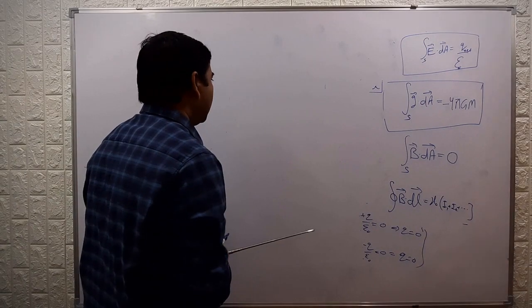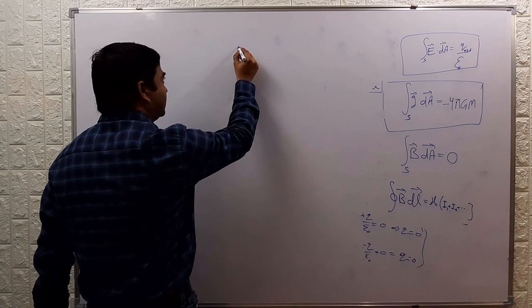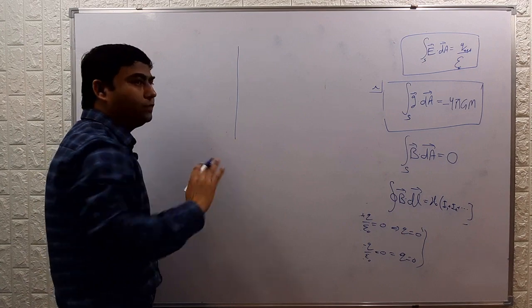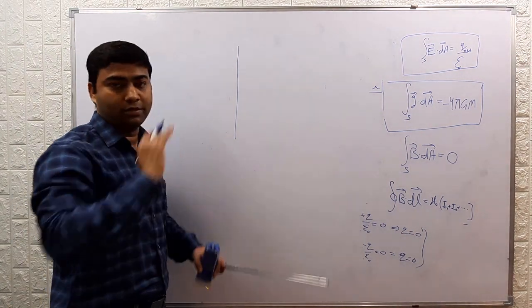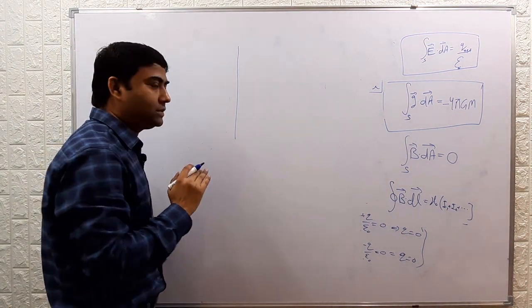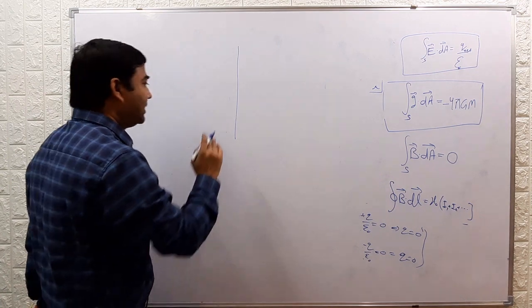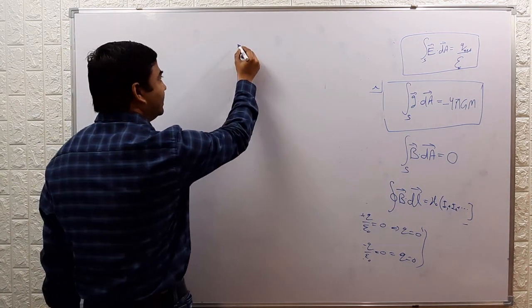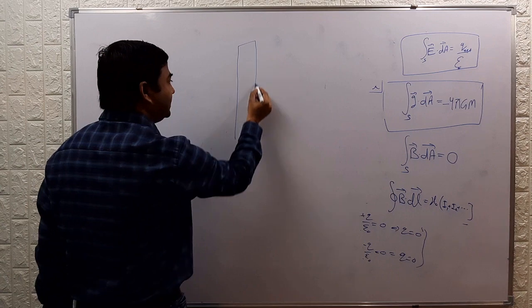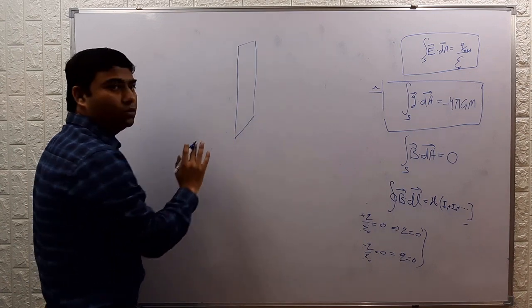Again we will use Gauss's law to find the electric field. This is a uniformly distributed sheet. Charge is uniformly distributed, and the physical thickness of the sheet is very low.